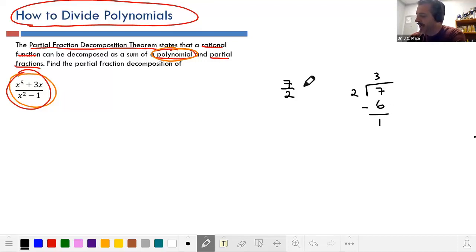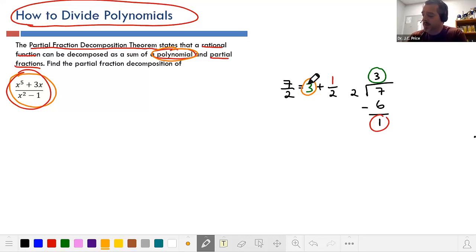And so then we can rewrite this as being equal to the whole part, 3, plus the little remainder afterwards, 1 divided by 2. So 7 halves is 3 plus 1 half. So every rational number can basically be expressed as a whole number with a remaining fraction left over.